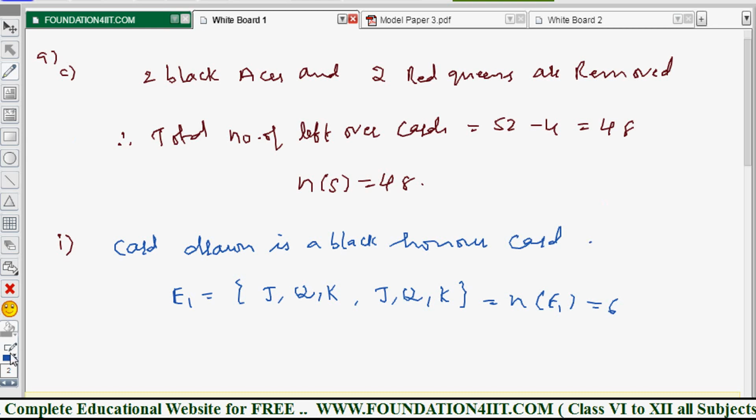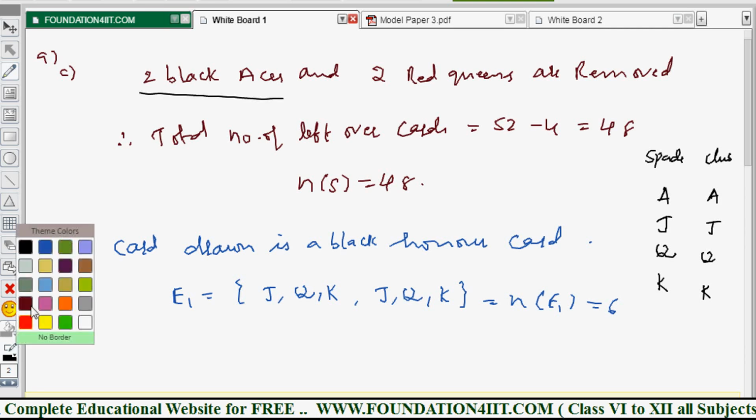To get more clarity, I'll write here. Generally, out of 52, a total of 16 cards are honor cards. In the 16, only 8 are black. That is A, J, Q, K of spades and similarly A, J, Q, K of clubs. These 8 are the only black honor cards. Actually there are 8 in total, but out of 8, 2 black aces are removed.